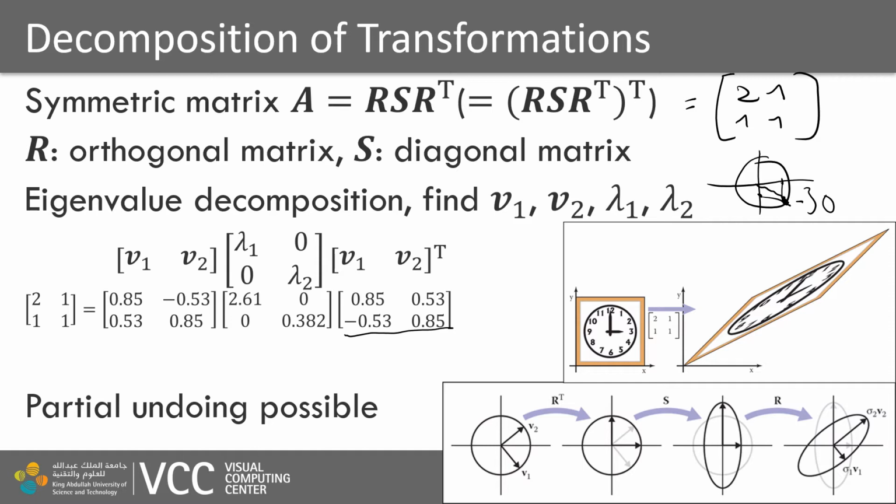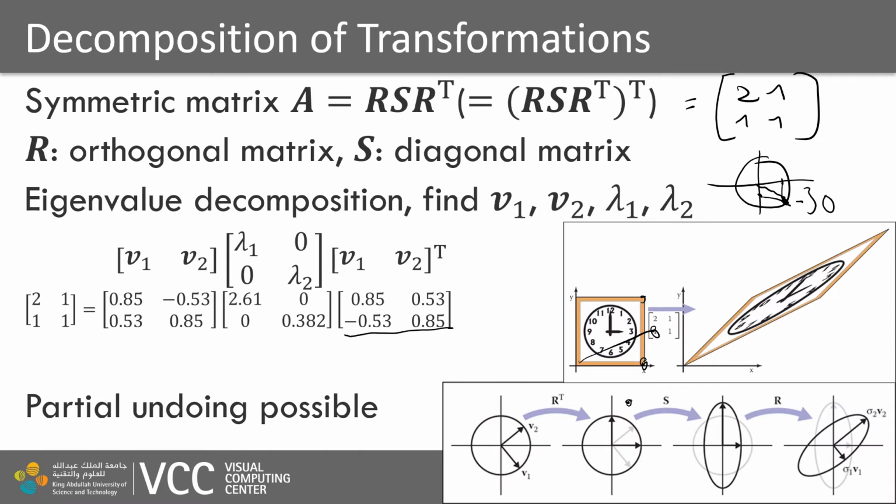So we can see here that first we are rotating the object by minus 30 degrees, and then this point will get much closer to the x-axis, and this will go somewhere here approximately.